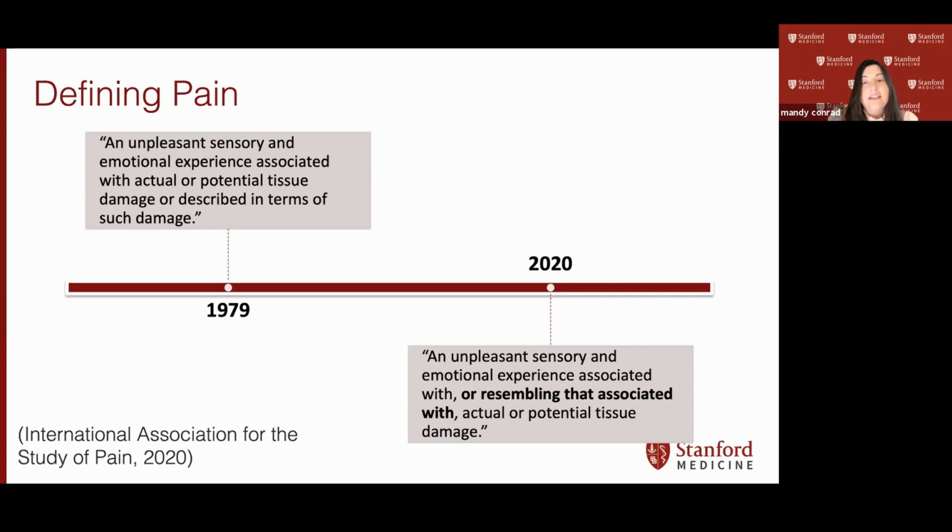It's actually quite significant that this organization decided to make a change to the definition of pain. I want to talk about that history because if you are someone who is living with chronic pain, or if you're here on this lecture supporting someone who has chronic pain, you'll see that your lived experiences were taken into consideration. When they revised this definition, they put a lot of thought into it.